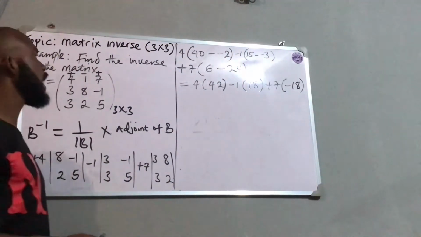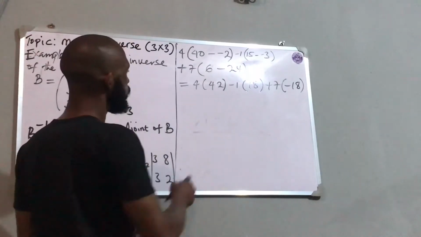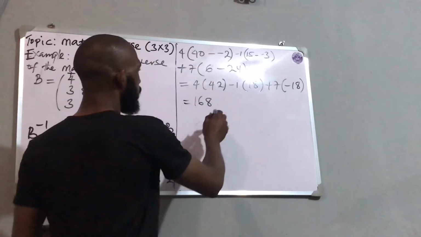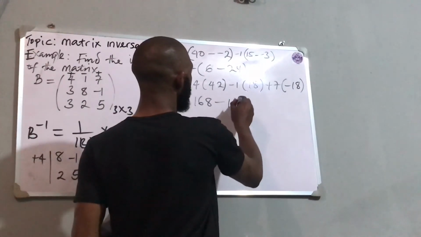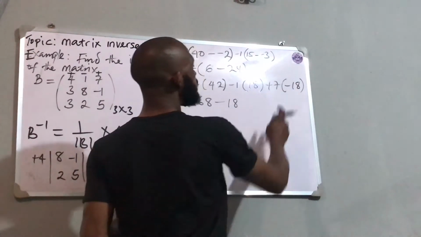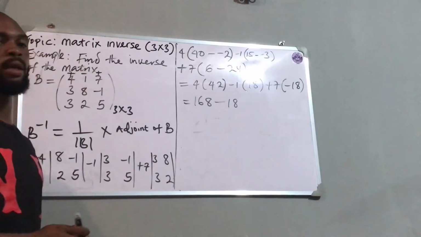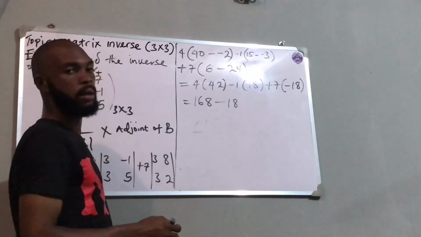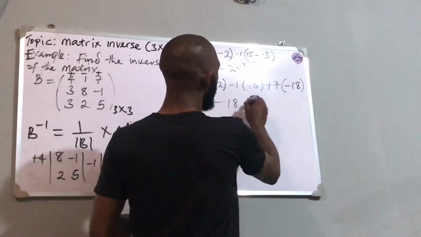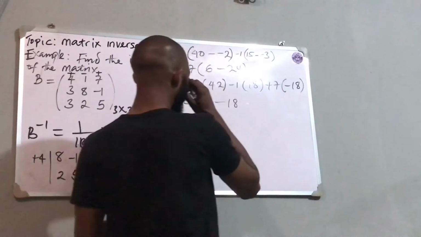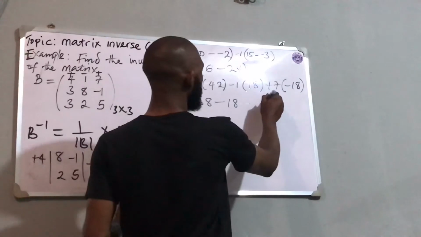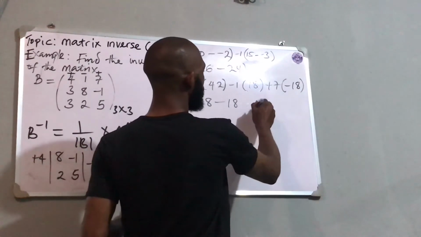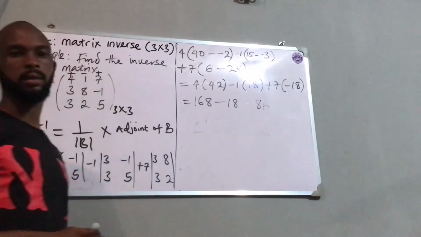So 4 times 42 will give me 168, minus 18. And 7 times minus 18 will give me minus 126.